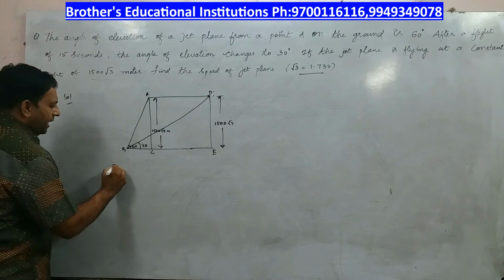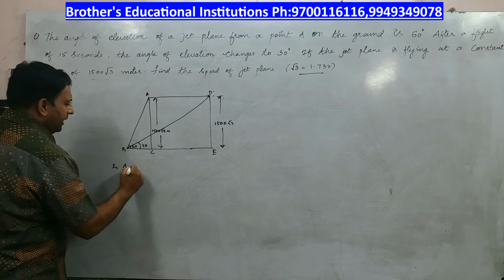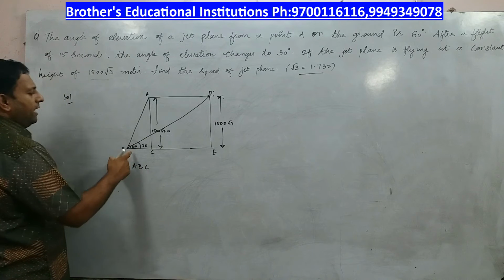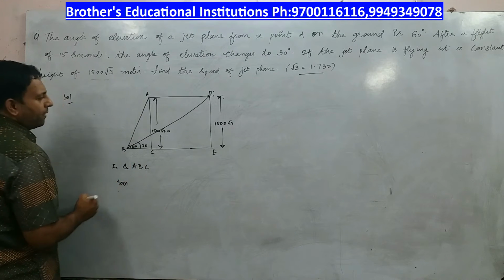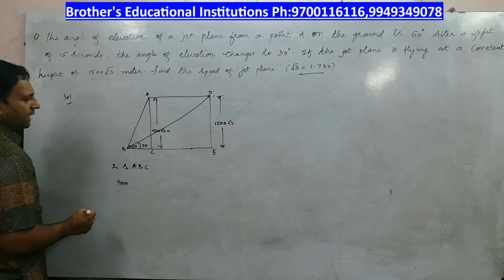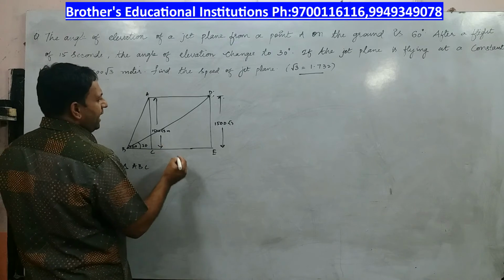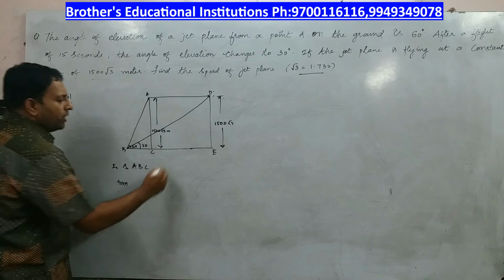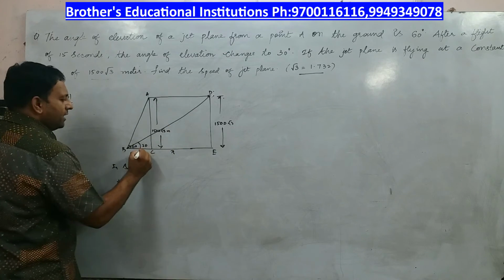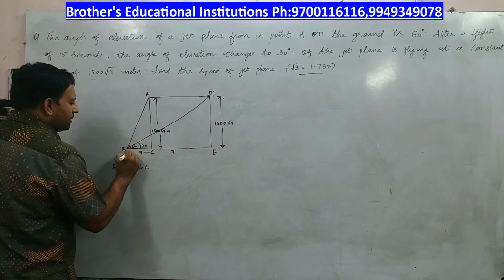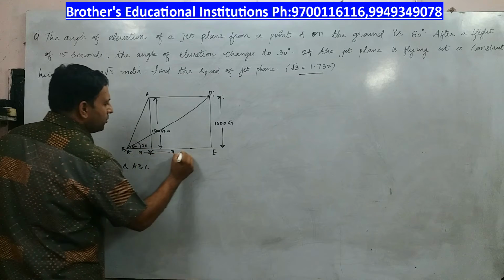Now in triangle ABC, tan 60. What is tan 60? I have to basically calculate the horizontal distance. So let us call this distance a, and this part x.